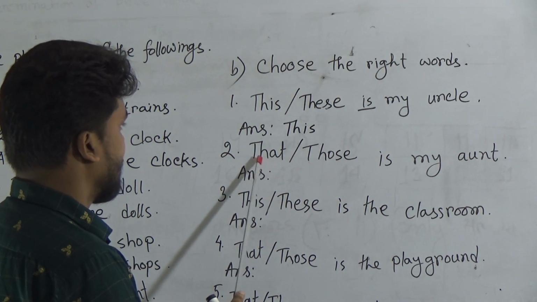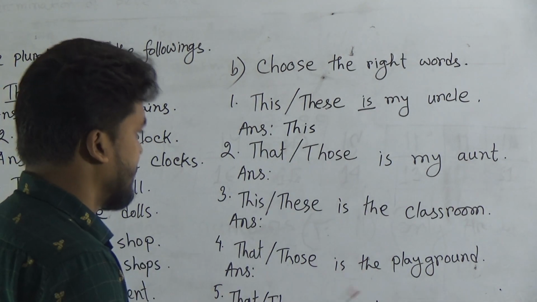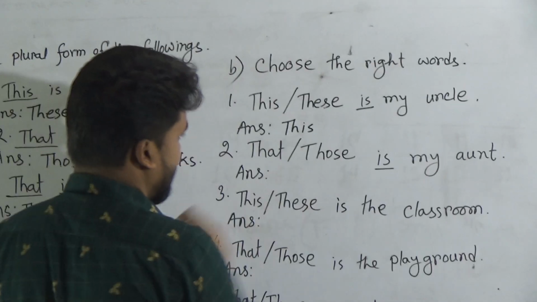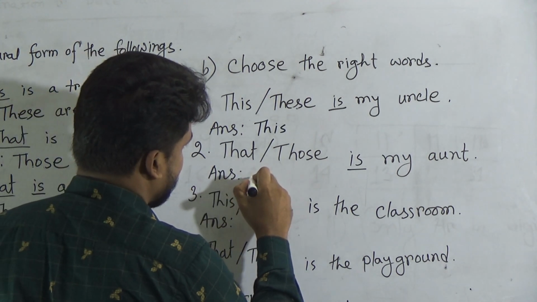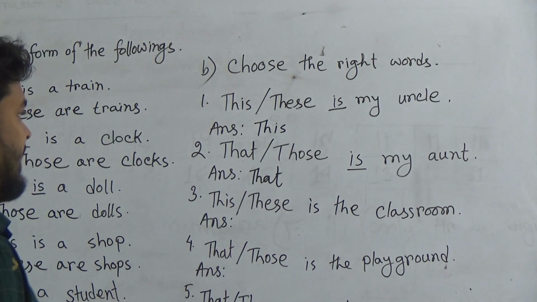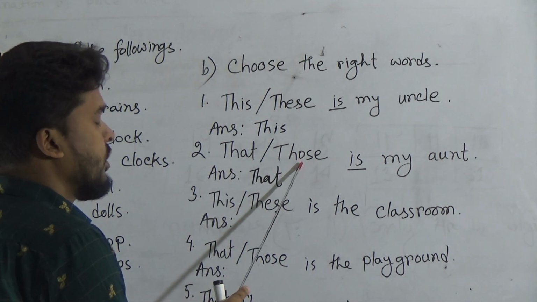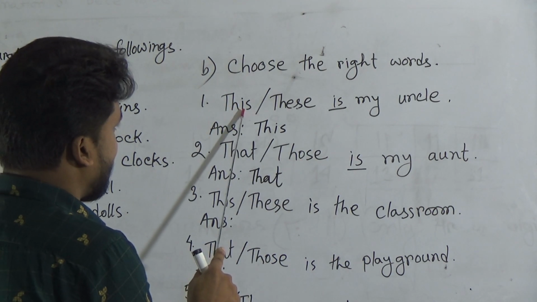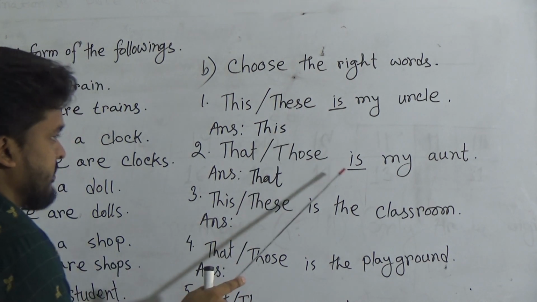Number 2, that or those is my aunt. Same thing, there is a singular verb. That's why you have to write a singular pronoun. That, this is a singular pronoun, and those, these are plural pronouns.